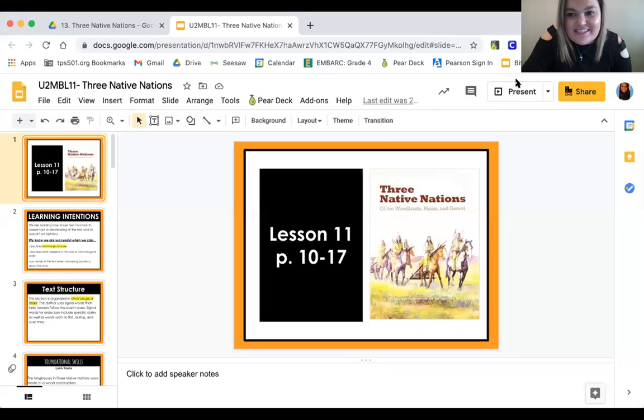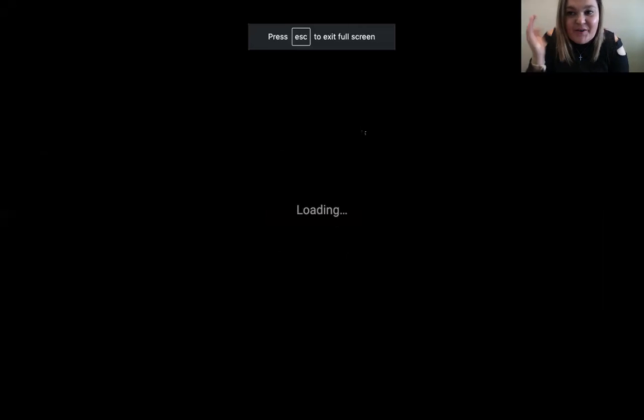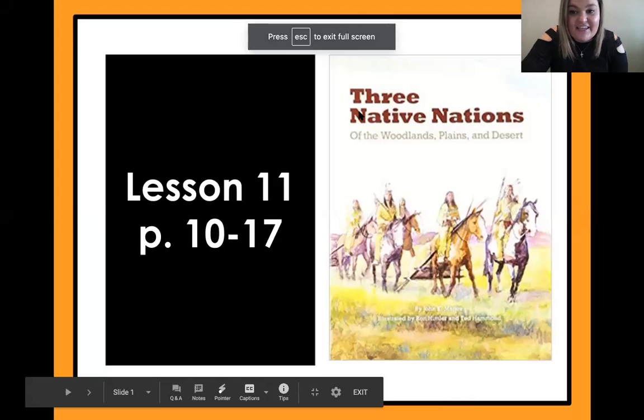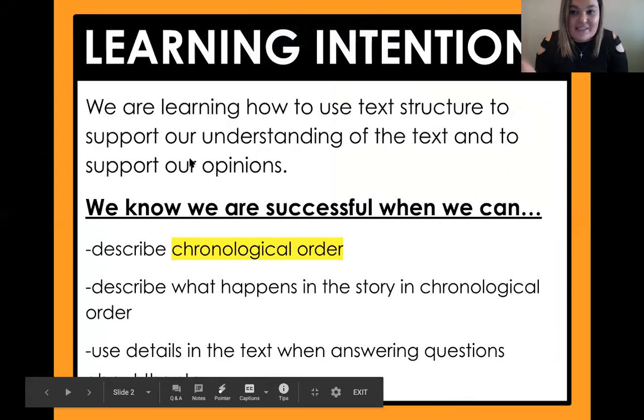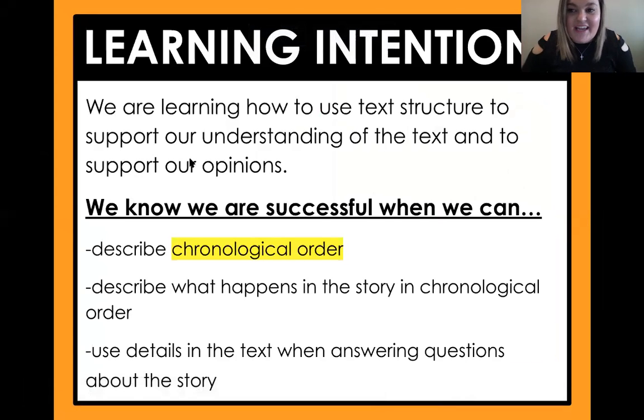Welcome back, fourth graders. We are going to keep reading 3 Native Nations today, and we are on lesson 11, and we're going to go ahead and see what we're learning. We are learning how to use text structure to support our understanding of the text and to support our opinions.